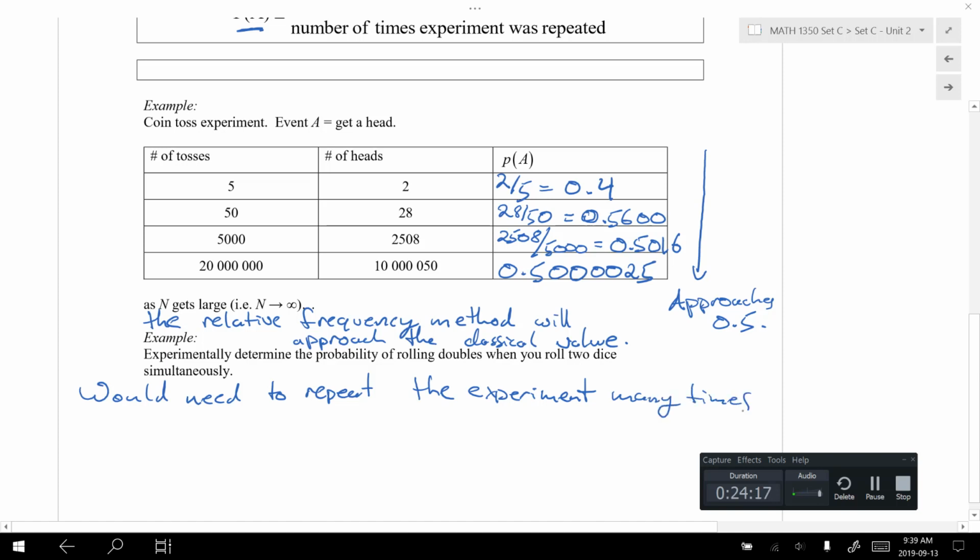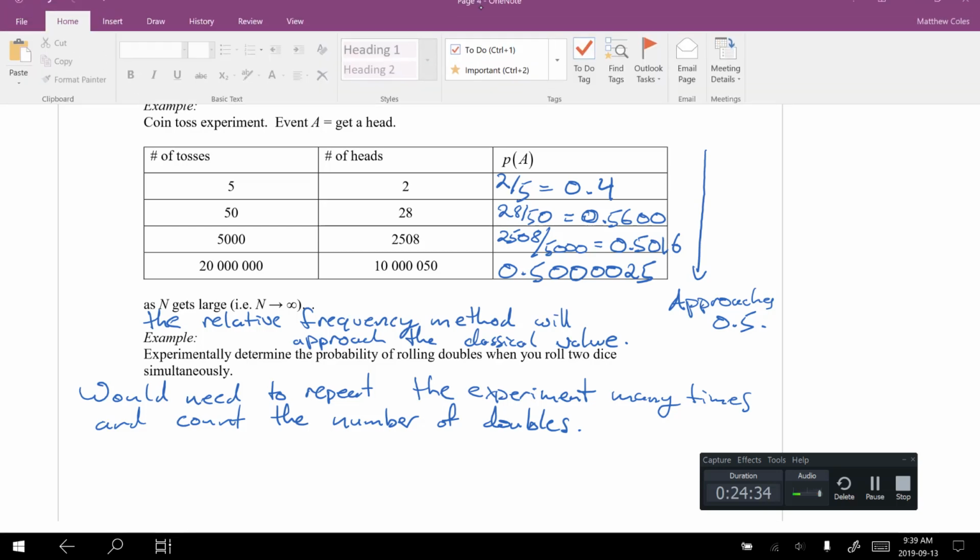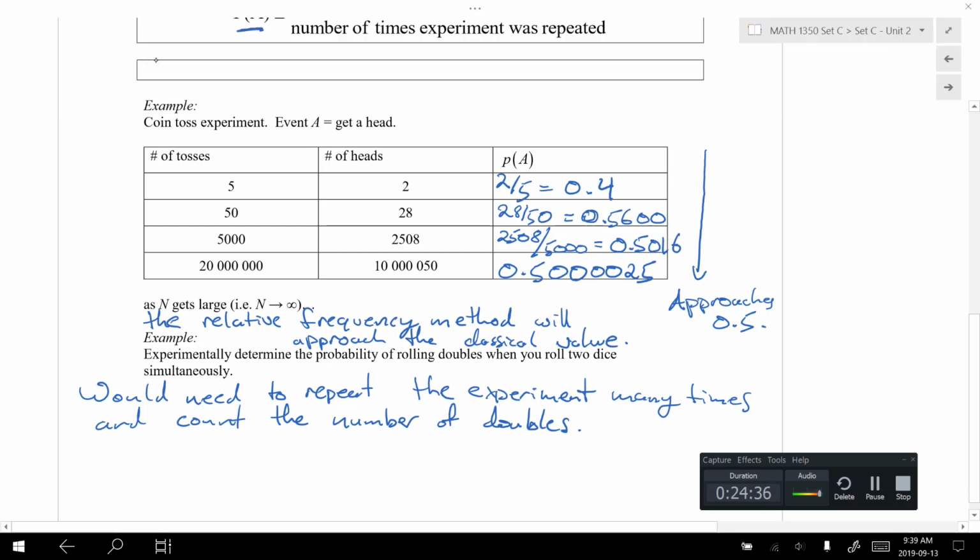We can do this many times. We could count the number of doubles and then compare that to the total number of experiments that we did, the dice that we threw, and get a ratio there. We would do this many times, probably, I mean, at least thousands.